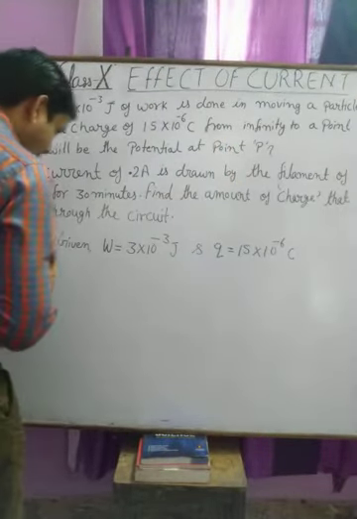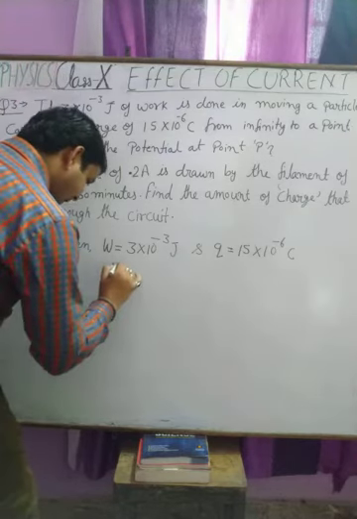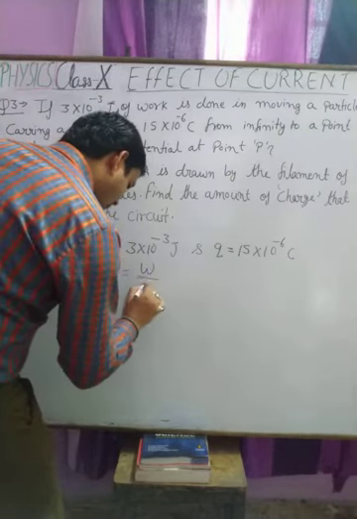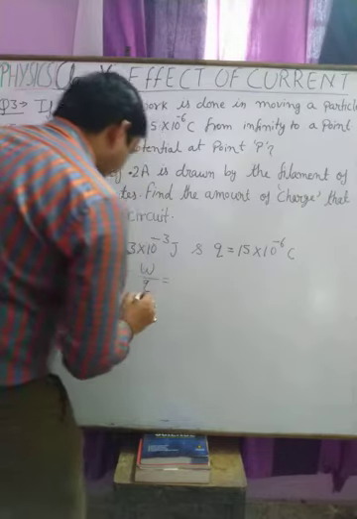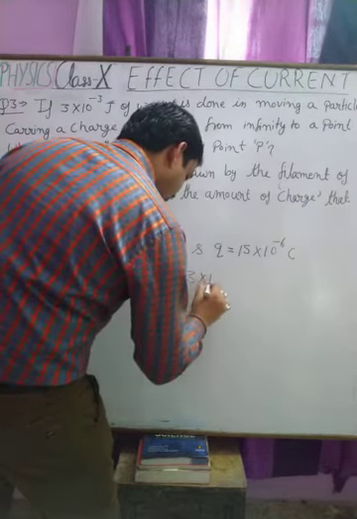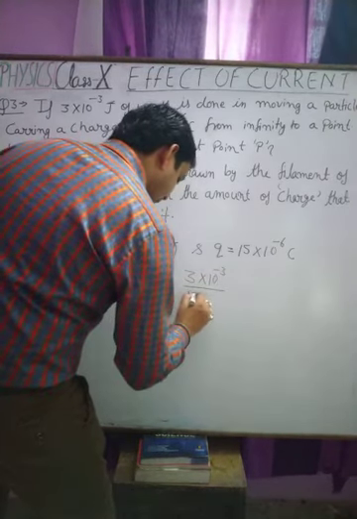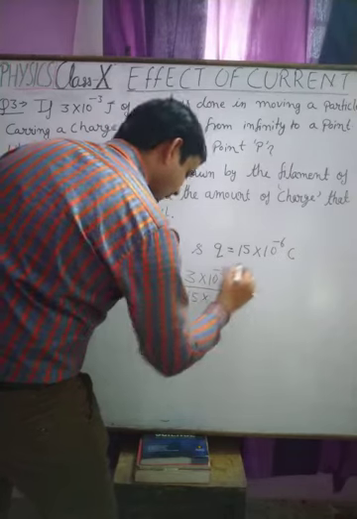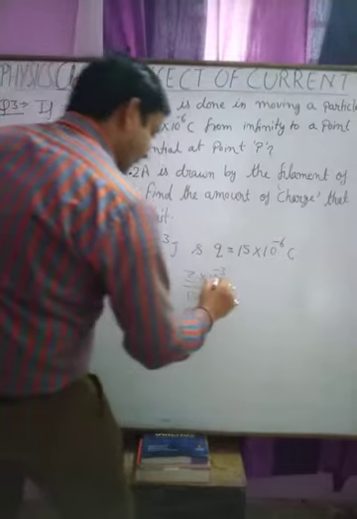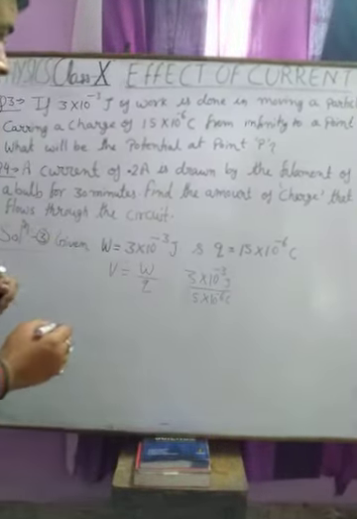Now we have the formula, that is potential difference is equal to work done upon charge. On putting these values, 3 into 10 to the power minus 3 upon 15 into 10 to the power minus 6, one is in joule and this one is in coulomb.